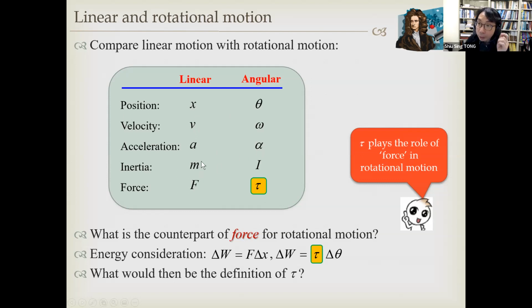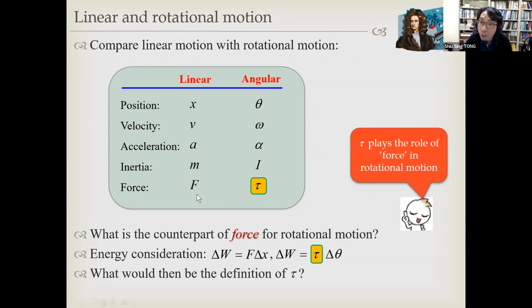And for the inertia, we have the mass for linear motion, which is the reluctance of the object to change its state of linear motion, right? So the mass is m, and the reluctance of a body to change its state of rotation is the moment of inertia. So m now corresponds to I for the rotational case.